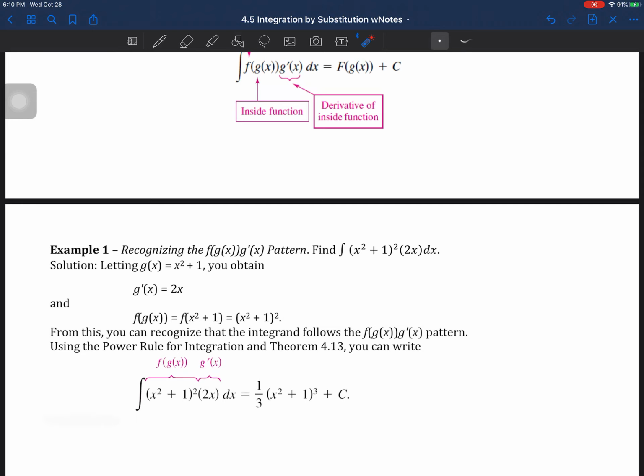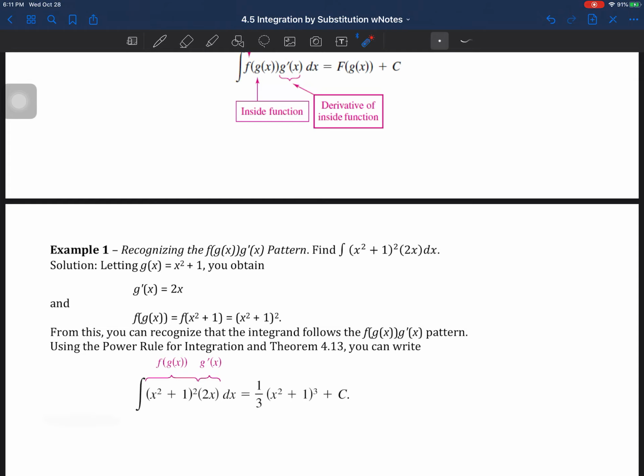My suggestion, and this is probably the most consistent rule, is that we have to recognize what's your outside function and what's your inside function. If you look at this, notice that there is a squared function happening. Inside you have another function, and that's how I recognize this.